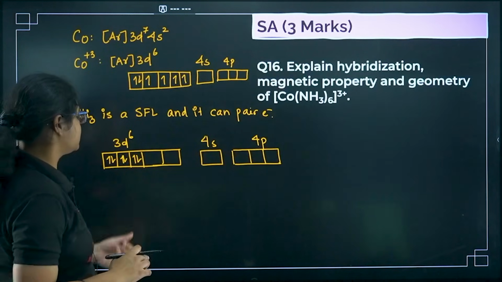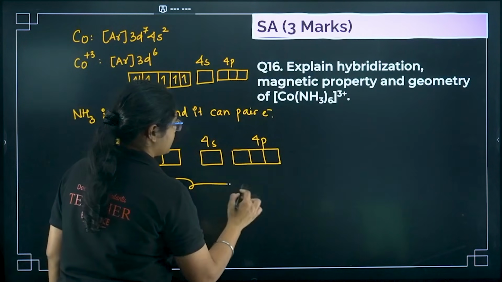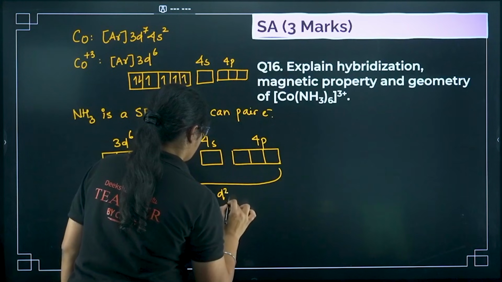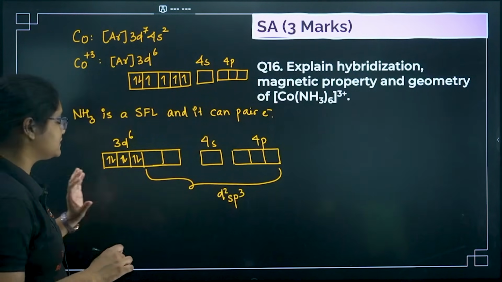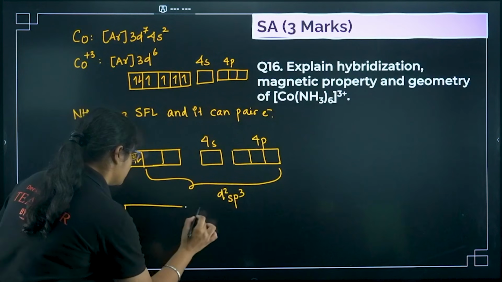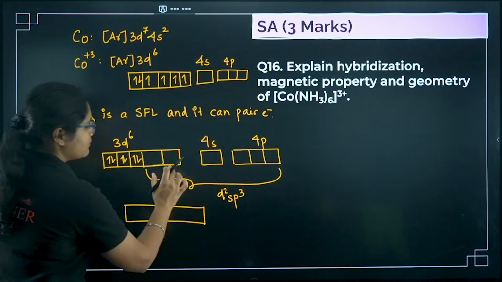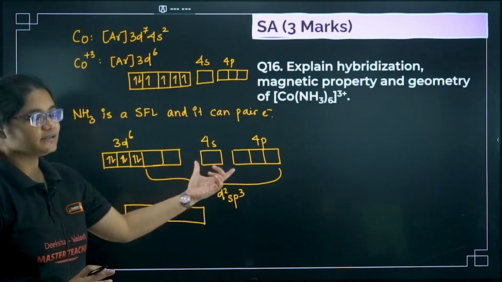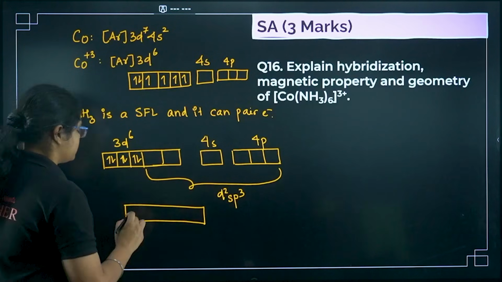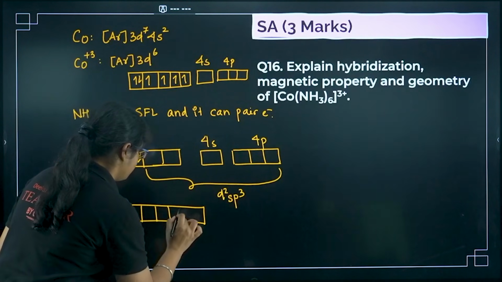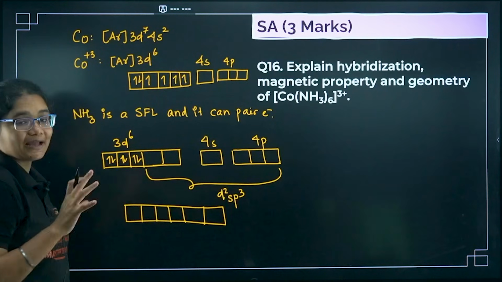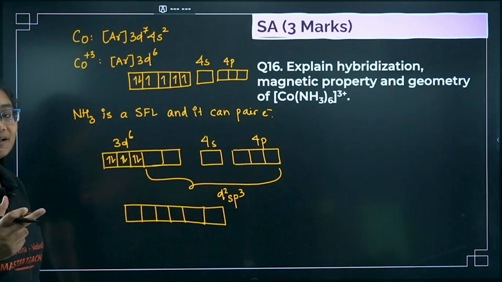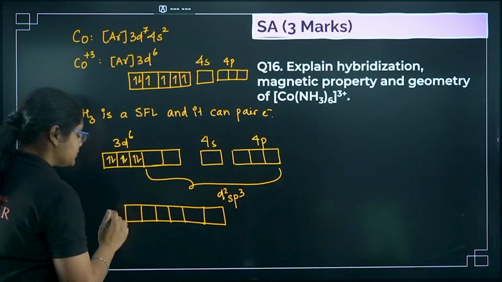So there will be hybridization. These 6 orbitals, d2sp3, will undergo hybridization, and now 6 new hybrid orbitals are created. This is very important. How many orbitals have mixed? 6 orbitals have mixed, and 6 new orbitals will be created. So these are the 6 new hybrid d2sp3 orbitals. Now who will donate electrons in each of them?